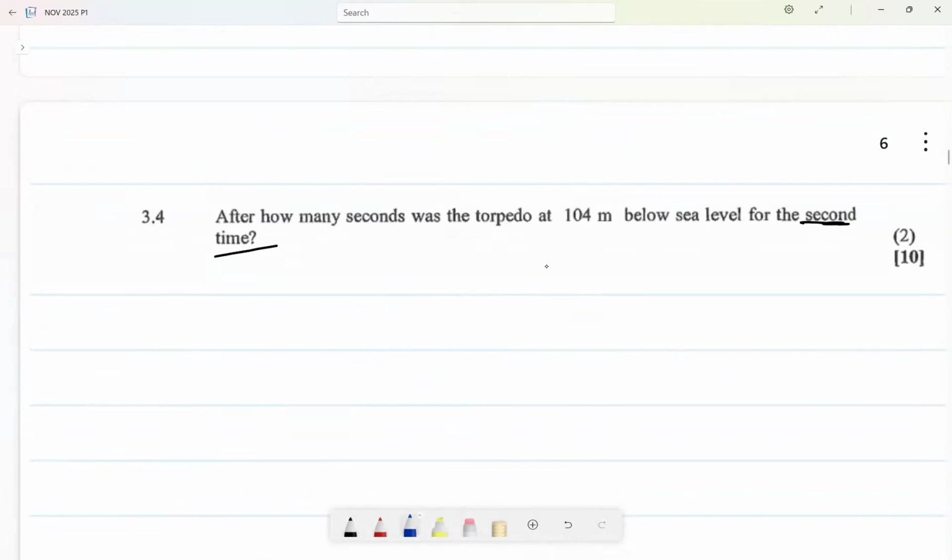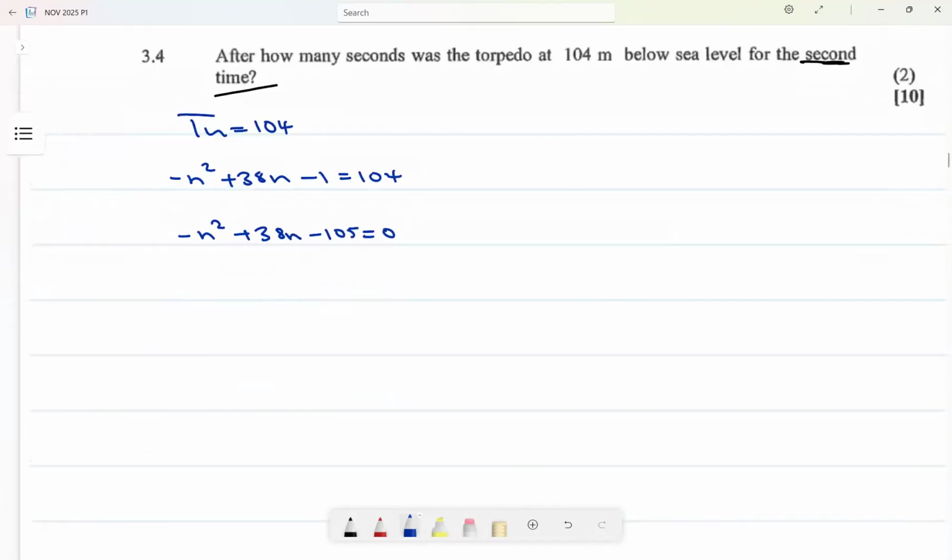So we want Tn equal to 104. So negative n squared plus 38n minus 1 is equal to 104. And then negative n squared plus 38n minus 105 is equal to 0. Allow me to take negative as a common factor.